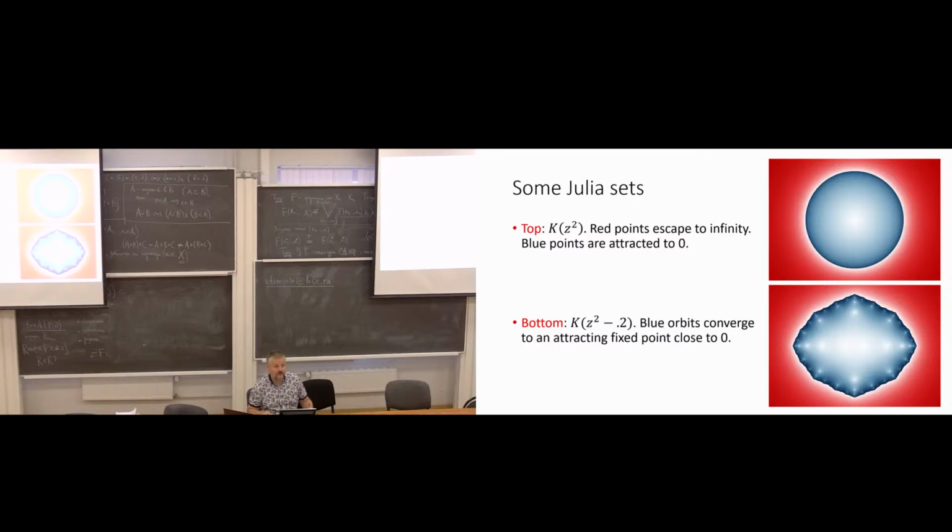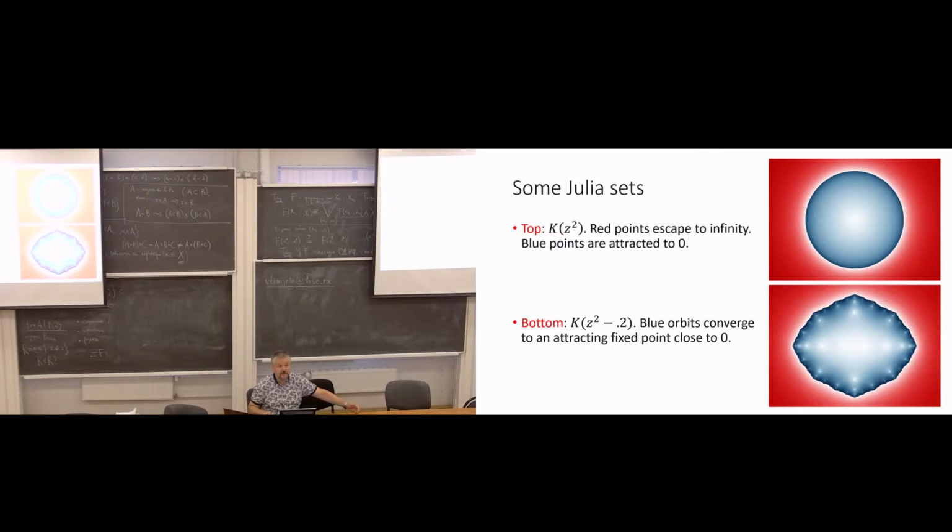Moreover, it goes to 0 super exponentially fast. It would go to 0 exponentially fast if each time you, say, multiplied it by 1/2, but you square it each time. So you multiply by a number which itself becomes smaller and smaller. So it goes to 0 super exponentially fast. And so all orbits that happen inside the unit circle go to 0 super exponentially fast.